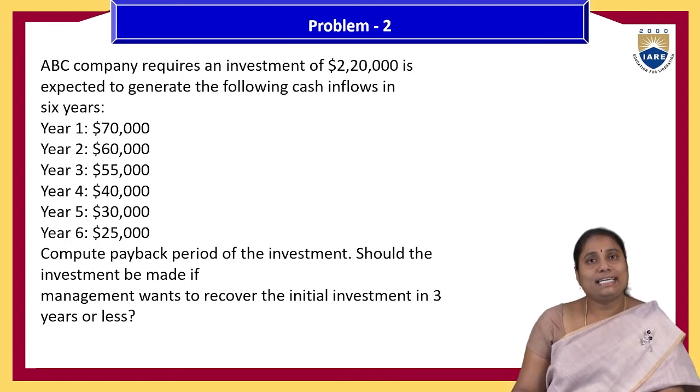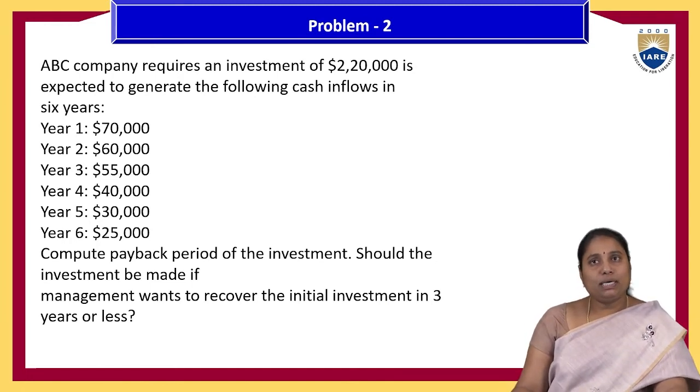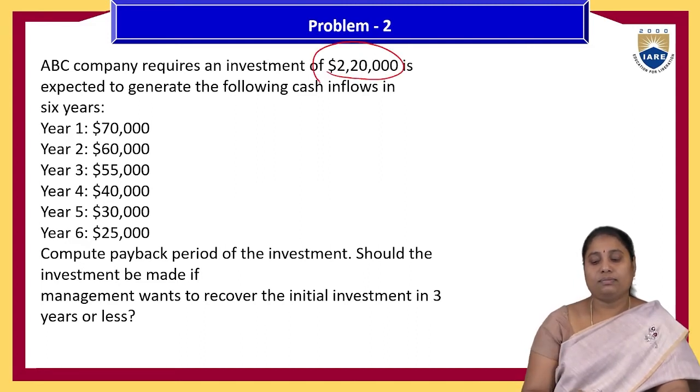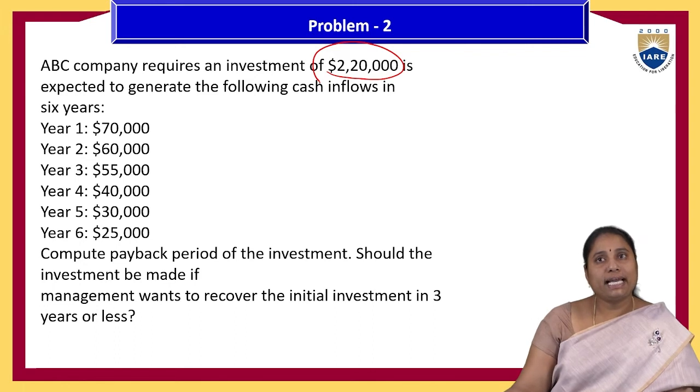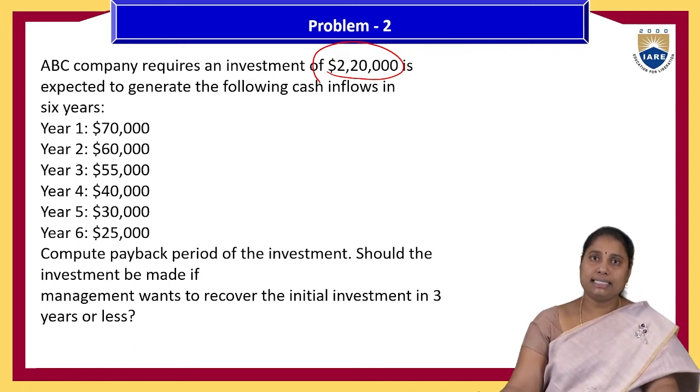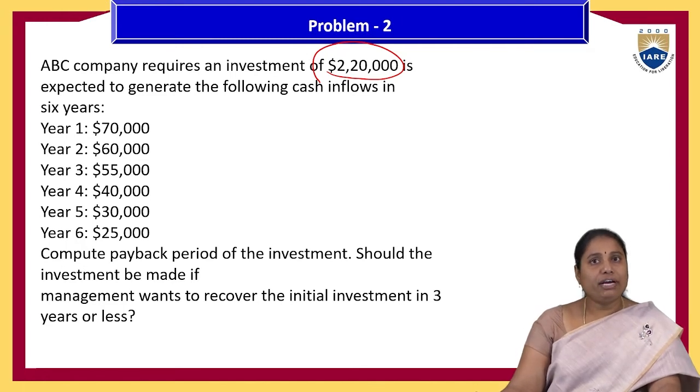Second, ABC company requires an investment of $220,000 and is expected to generate cash flows over 6 years: first year 70, second year 60, third year 55, fourth year 40, fifth year 30, and sixth year $25,000 respectively.